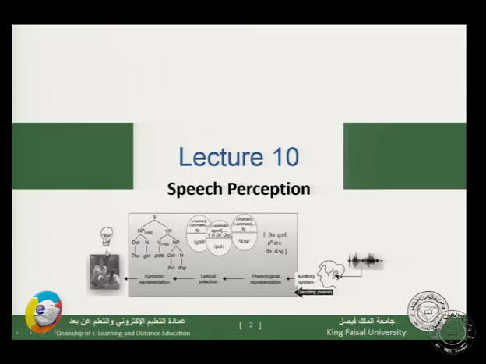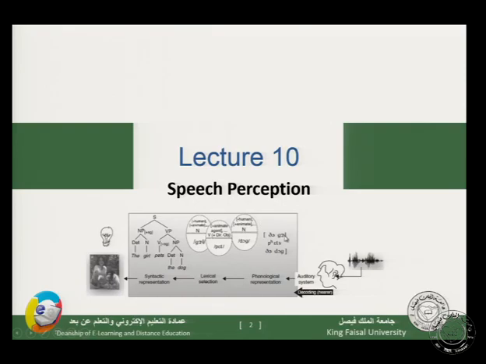Here we have an illustration for speech perception. If you read it from the right to the left, we have someone speaking, giving an auditory signal. What happens inside the mind of the hearer?